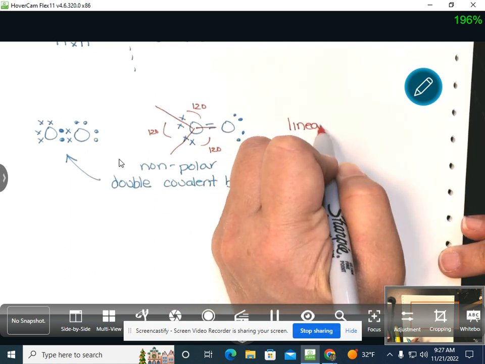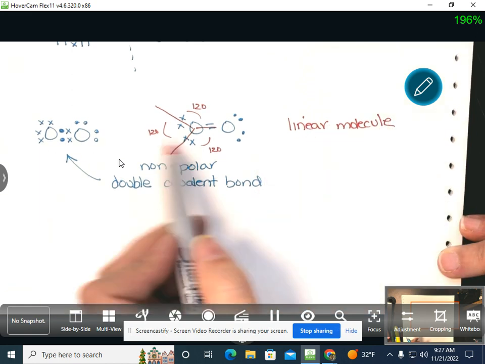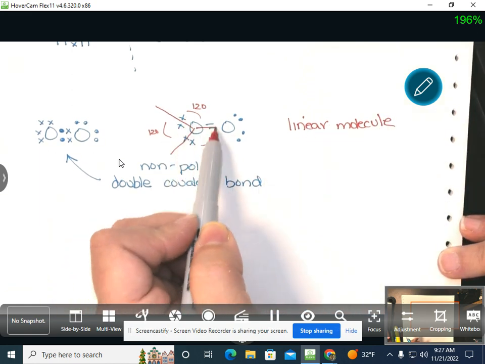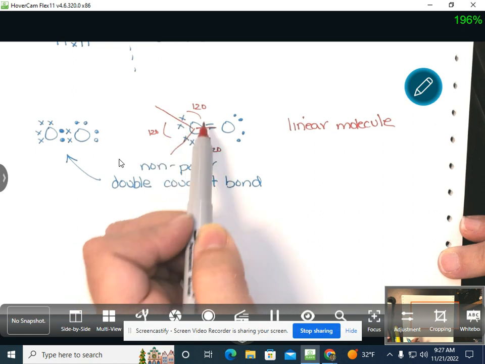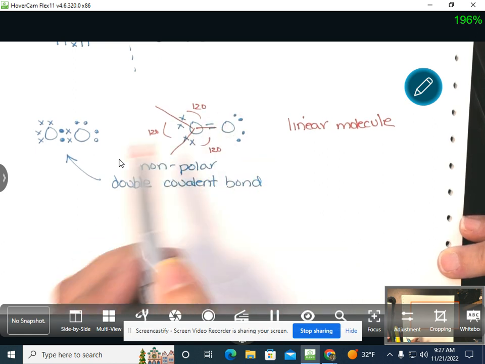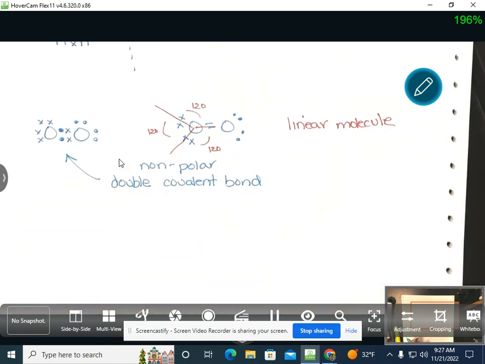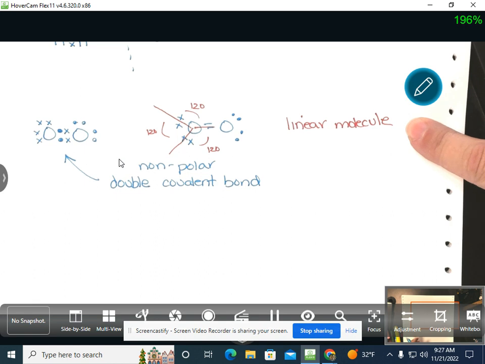So this is a linear molecule, but the electron geometry around that oxygen is trigonal, and the electron geometry around this oxygen is trigonal. That's not Regents level. That's higher up. But the shape of the molecule is Regents level.